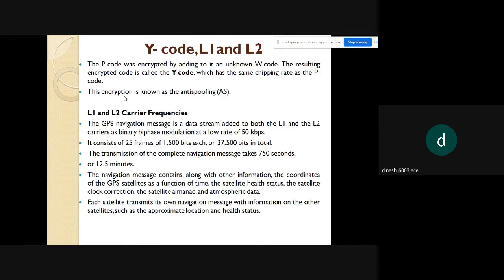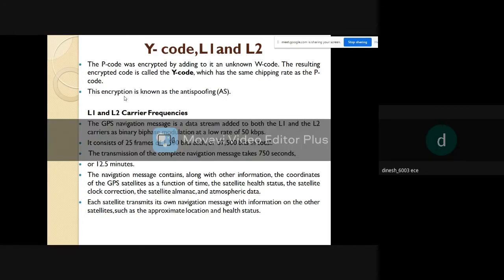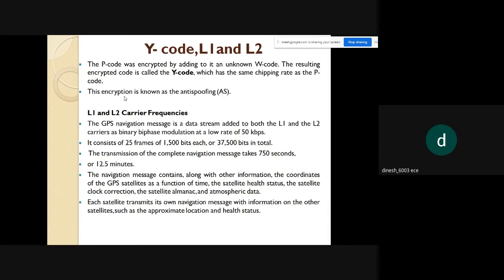So these L1 and L2 carriers will have 25 frames, each frame having 1500 bits, so in total we'll have 37,500 bits.